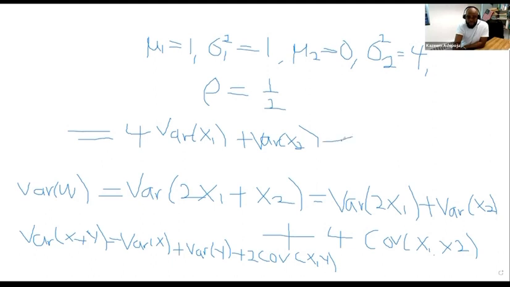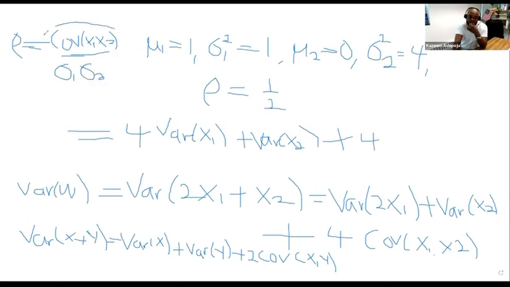plus 4 covariance. But there's a relationship between correlation and covariance, where correlation is the ratio of the covariance to the product of the standard deviations.